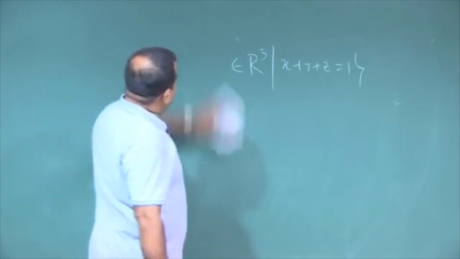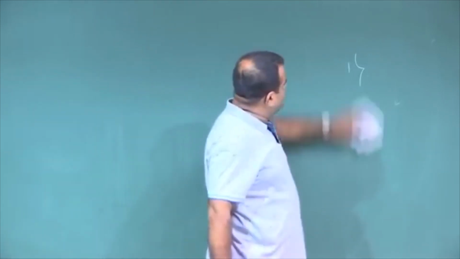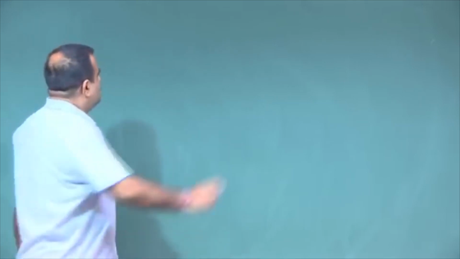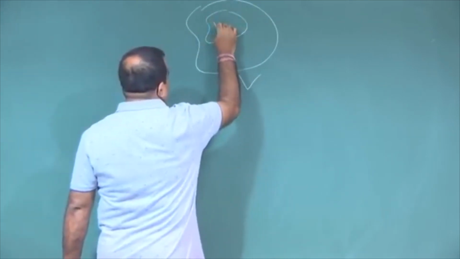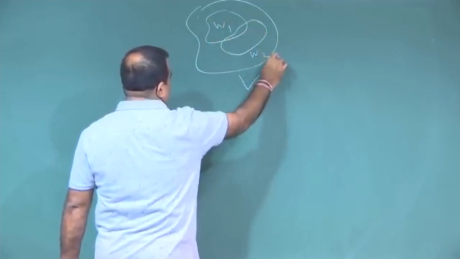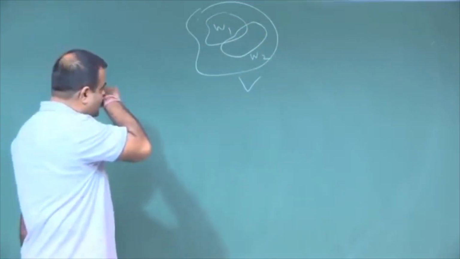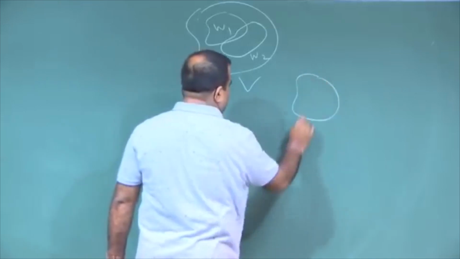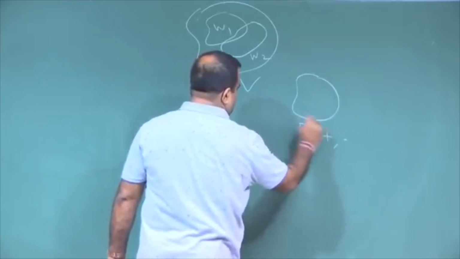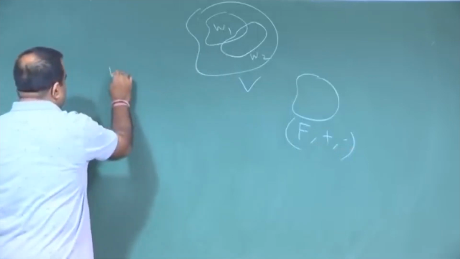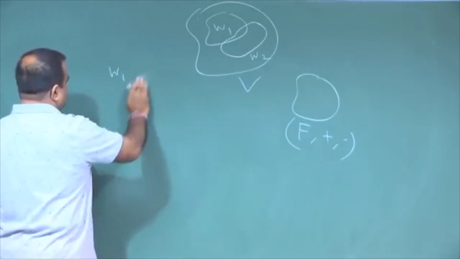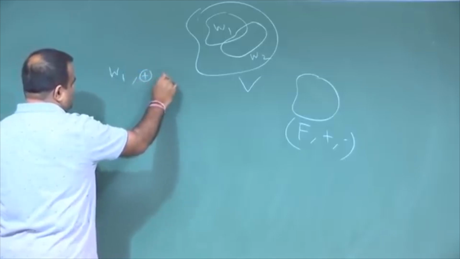Okay, now, the question is, if we have two subspaces, whether their intersection and union are also subspaces. So, if we have a vector space V and two subspaces W1, W2, these are two subspaces over some field F, along with this operator also.